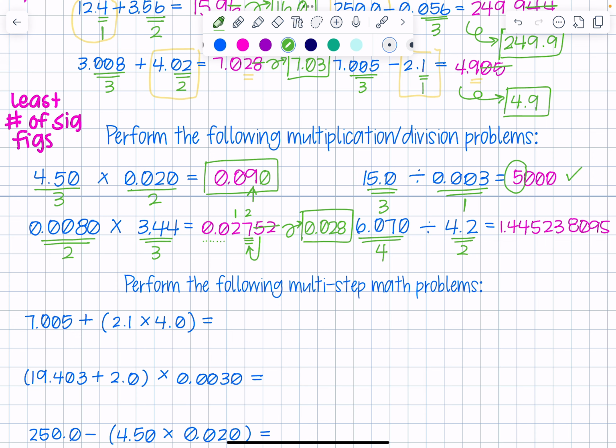This one has 2. So I should round at the second significant figure place. Again, we start on the left for this. 1, 2. So this is the location I'm going to be rounding. That 4 tells that 4 to stay the same. I get 1.4, and then I drop all of the other digits. And that's the answer.